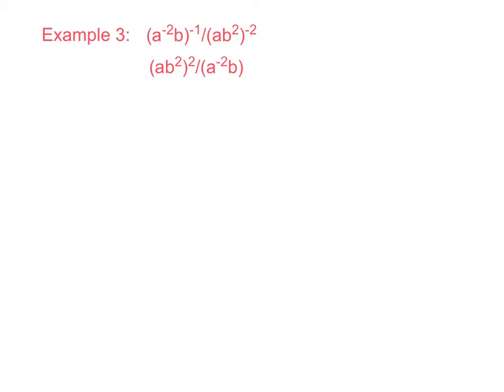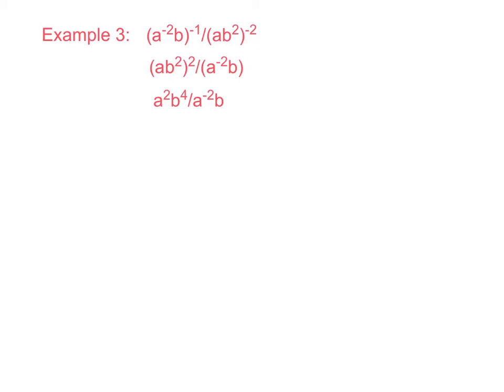We now have ab squared in parentheses raised to the positive 2 divided by a to the minus 2b in parentheses. Okay, we need to further simplify to get that a to the minus 2 out of the denominator, and also, if we square the parentheses in the numerator, the result will look something like this.